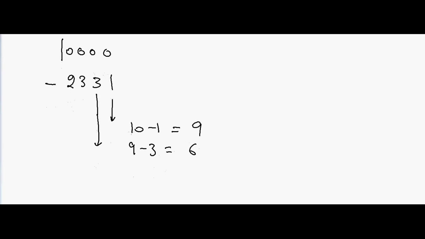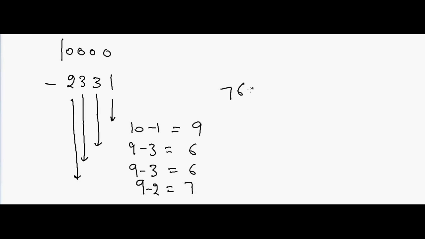Then I'll take the next 3. So 9 minus 3 is equal to 6, and then I'll take the 2. So 9 minus 2 is equal to 7. So answer will be equal to 7669.